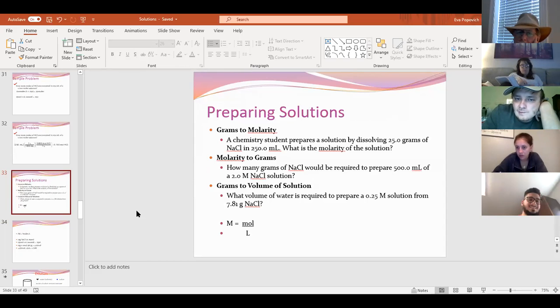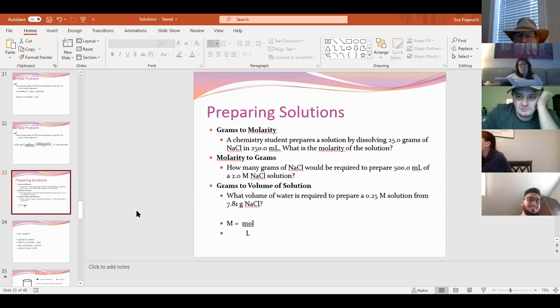Can we figure out the molecular weight of sodium chloride? Yes. Can we determine moles? Yes. So if we have moles and we have the molecular weight, can we get the grams we need? Yes.